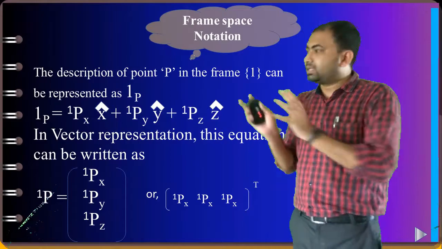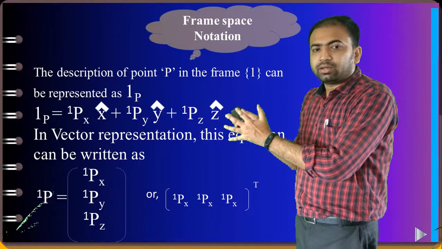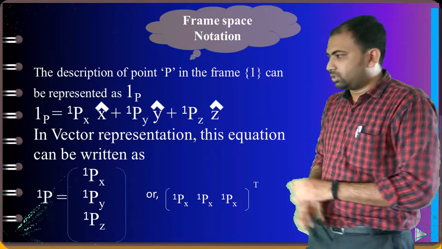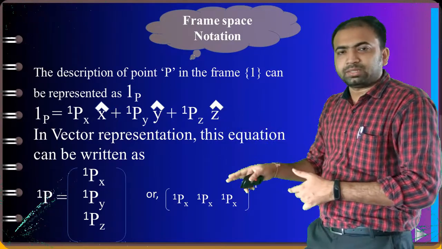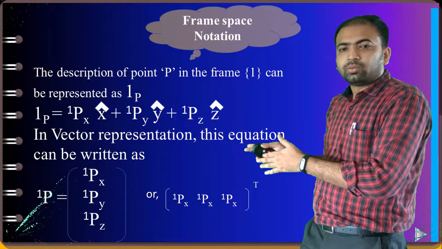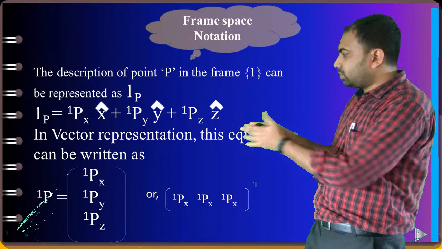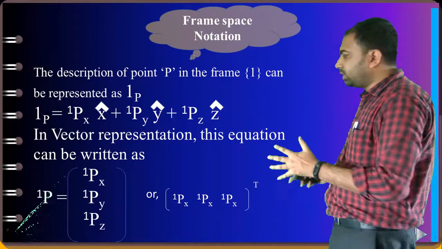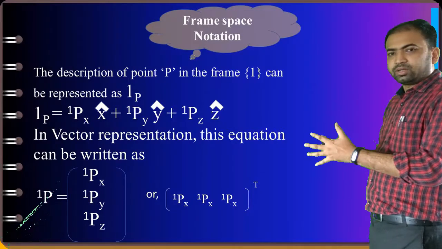Clear? Okay, and it can also be represented in this form, which is 1P, 1Px, 1Py, 1Pz, or in matrix we can write it as [1Px, 1Py, 1Pz] transpose. So this is what we can represent over here.